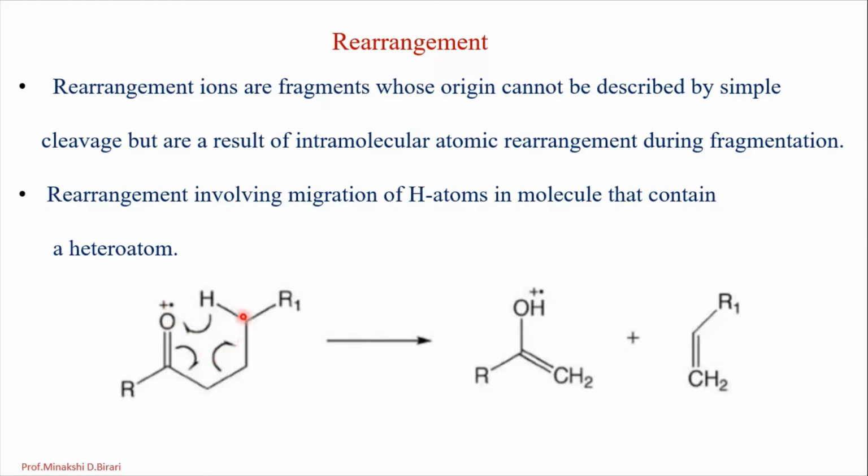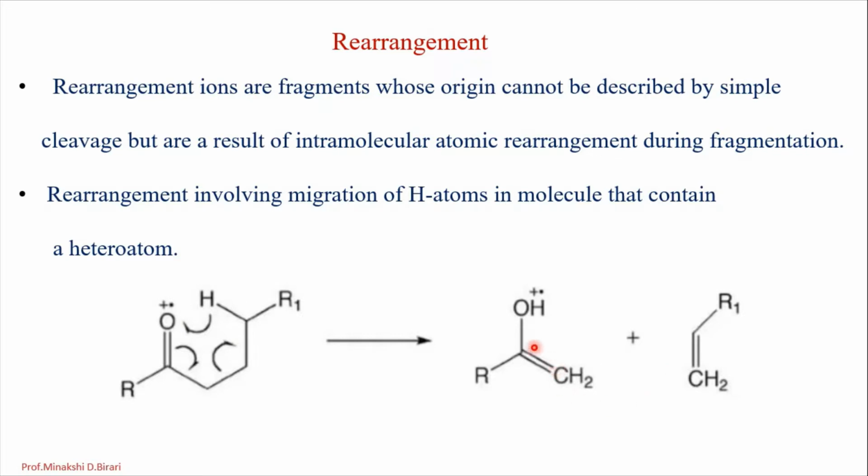So we can observe here the rearrangement involves the migration of hydrogen atoms in a molecule that contains a heteroatom. Here the oxygen is the heteroatom present, and the migration of hydrogen occurs from this gamma position. So this will be the intramolecular atomic rearrangement which occurs, and there is a formation of a number of fragments.